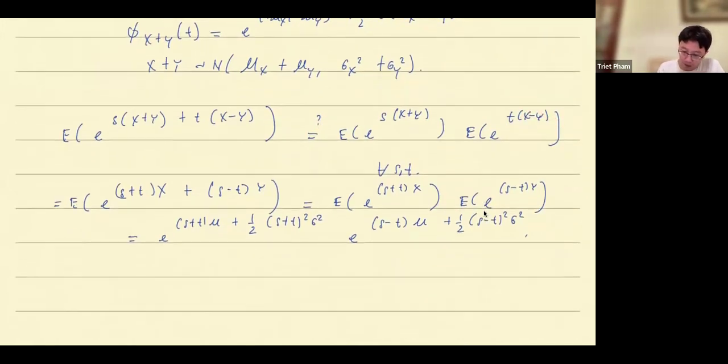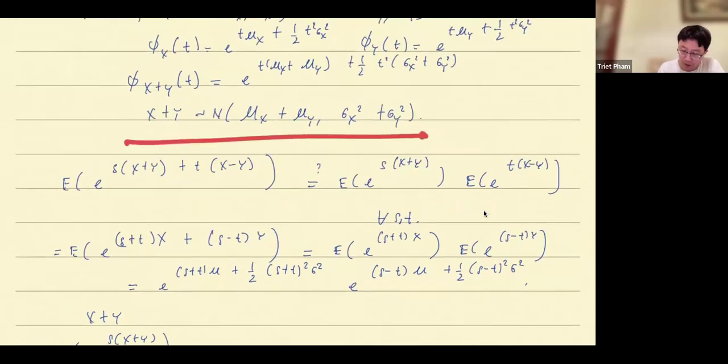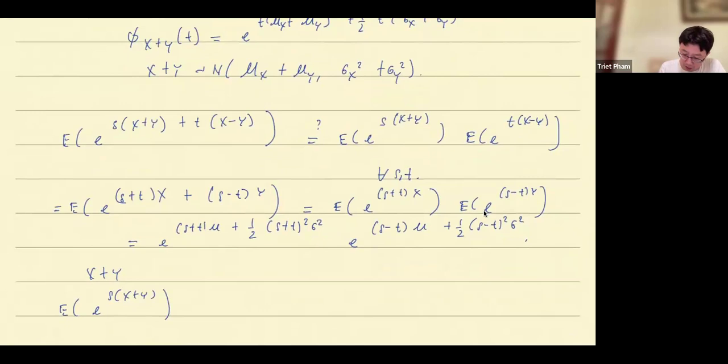So on the other hand, what is expectation of e to the s times (X plus Y)? Well, X plus Y, as the result we established above, will be a normal with mean 2 mu and variance 2 sigma squared. So therefore, this expectation will be e to the 2s times mu plus 1/2 times 2 s squared sigma squared.